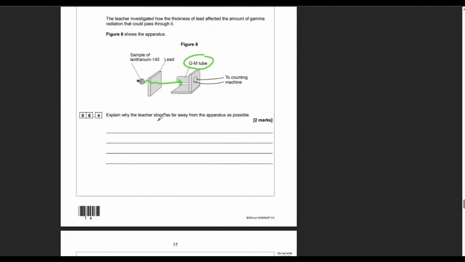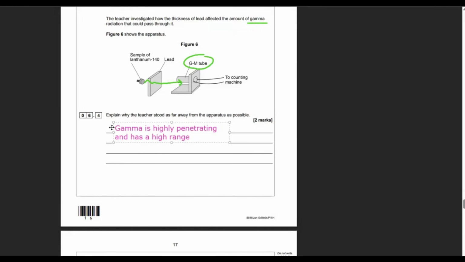Okay, explain why the teacher stood as far away from the apparatus as possible. What is it about gamma? Gamma is only lightly ionizing, but it's quite penetrating. So we want to say gamma is highly penetrating and has a large range.